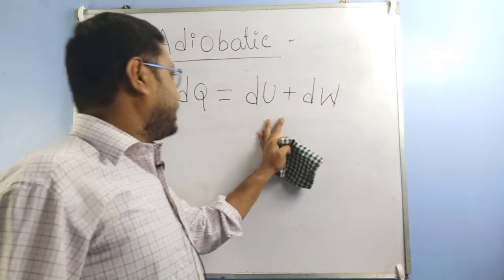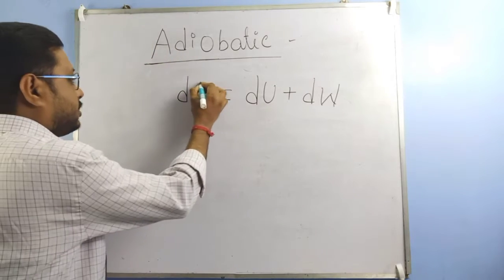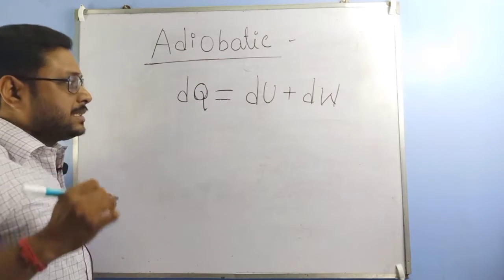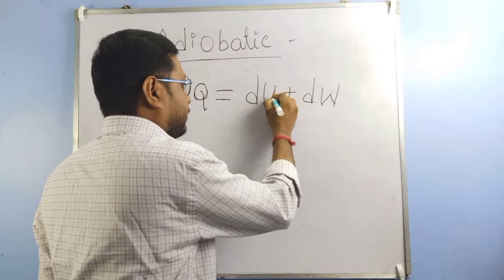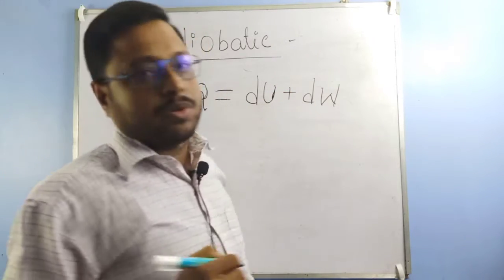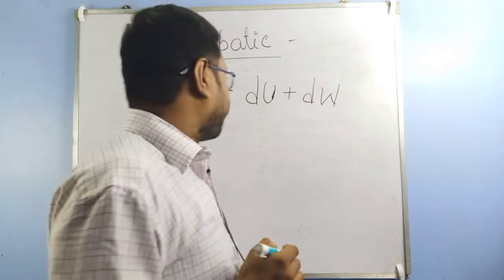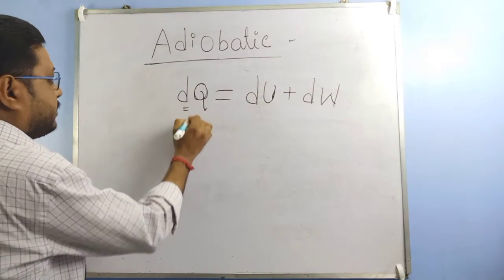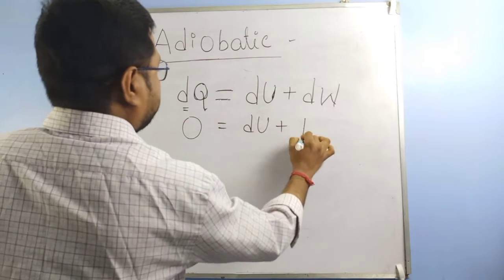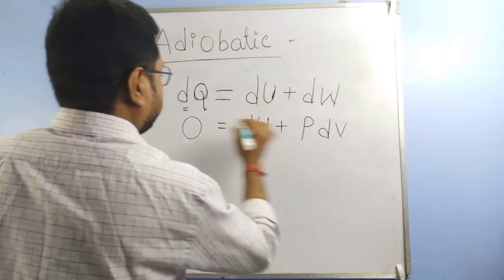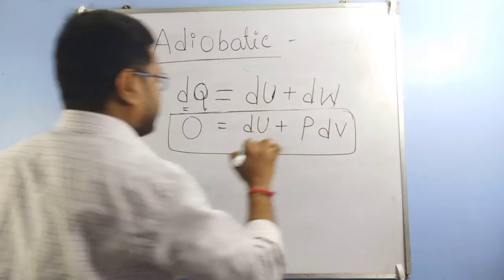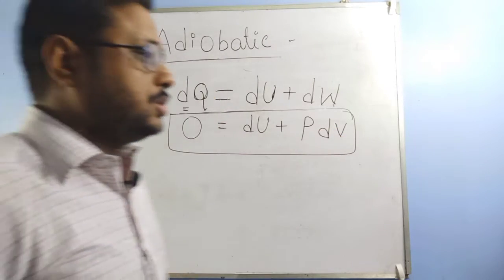If we give heat to a system from outside, it is used in two ways: first, to increase its internal energy, and second, due to external work done. Now if this dq is 0, we simply get du plus dw, that is pressure into change in volume. For an adiabatic process, the first law of thermodynamics takes the shape of du plus pdv is equal to 0.